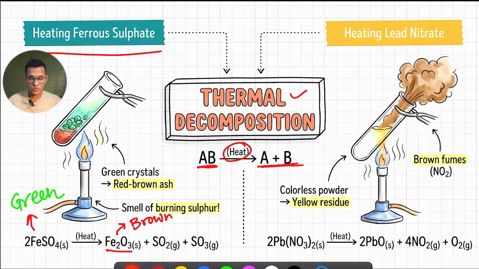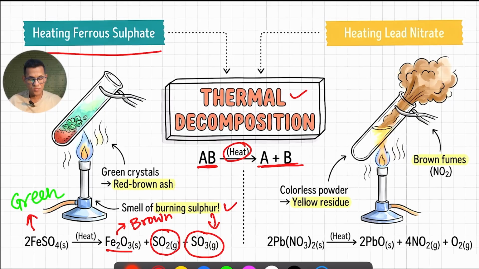Also, you will see that some gases are released. Now these are colorless gases, so you won't see them, but you'll be able to smell them. You'll get the smell of burning sulfur, or what is also called rotten egg smell, and that smell is because of two gases being released, sulfur dioxide and sulfur trioxide.